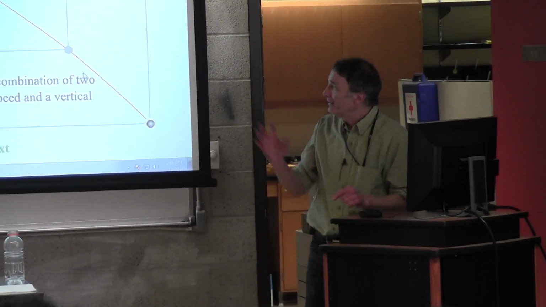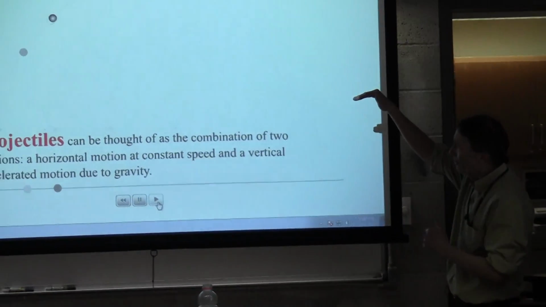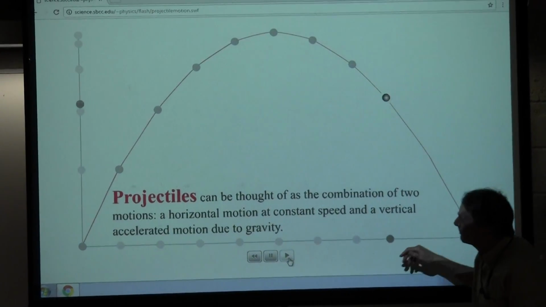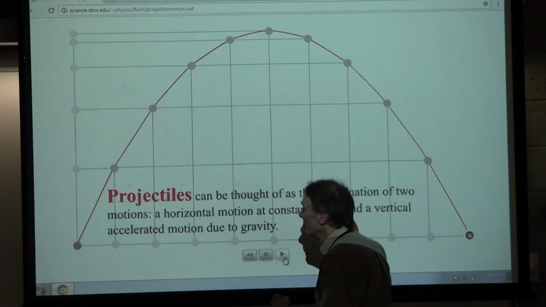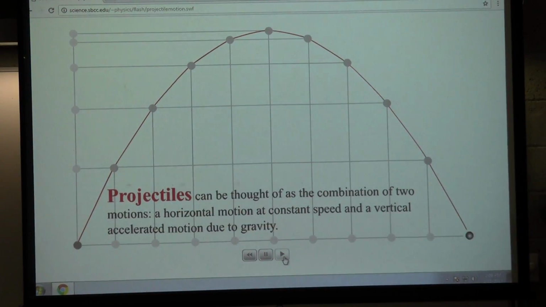Now, this idea that we have here also works for projectiles that are shot up. If you shoot something straight up, it falls back, going along the ground at a constant speed. Those two motions get tied together, and again, the thing that ties them together is time.